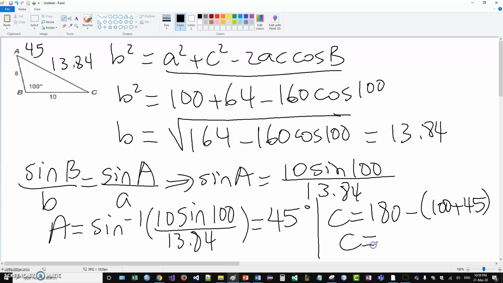So C equals 35, and that's it. Now we have all angles and all sides. Pause the video to make sure you understand what we did here.